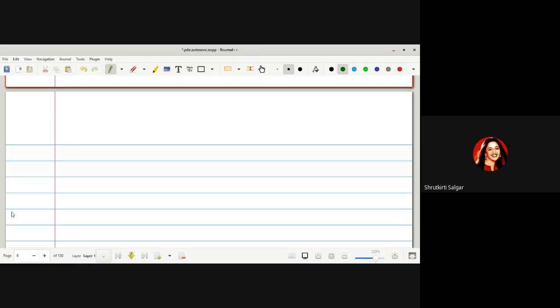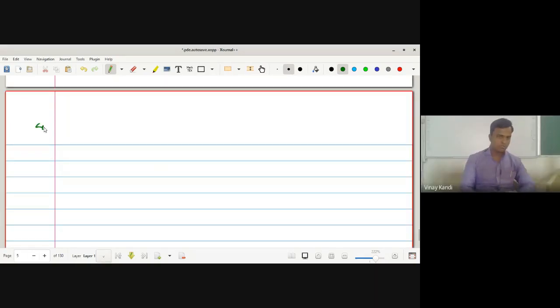Okay, solve this one. Fourth one, homework. z square plus zuz minus ux square minus uy square is equal to 0.